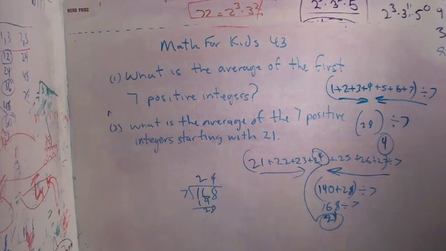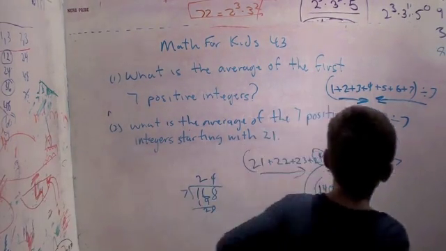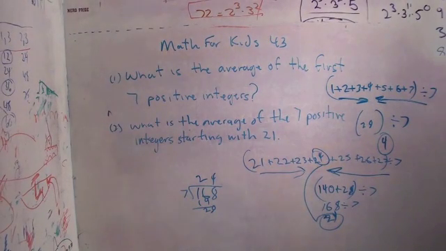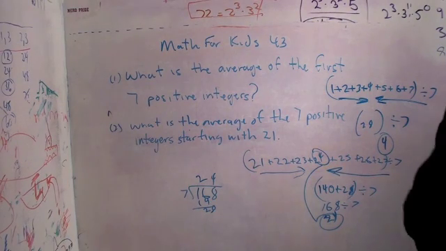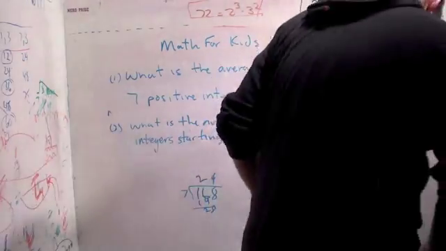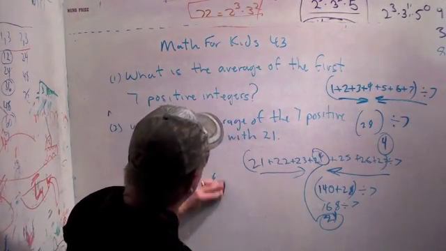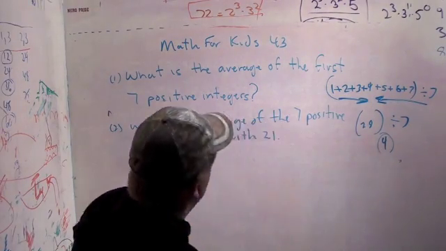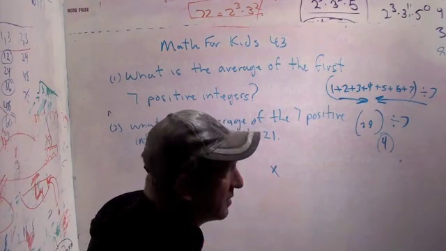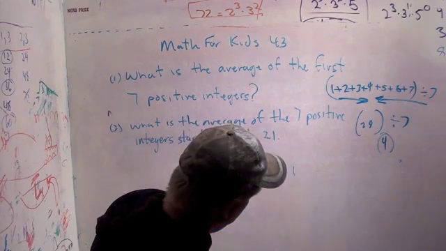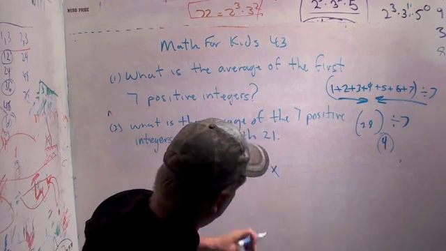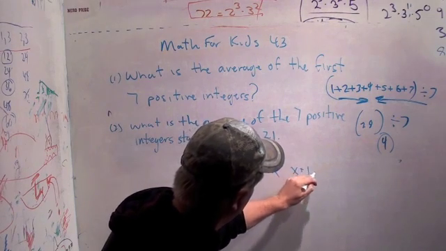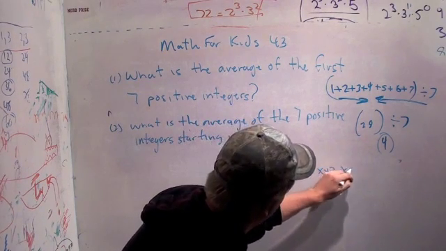Interesting. So when we have an average with an odd number of consecutive numbers, we could write it out like this. We can start with the number in the middle and call it x. When we go to this side, what's the next consecutive number? x plus 1, x plus 2, x plus 3.